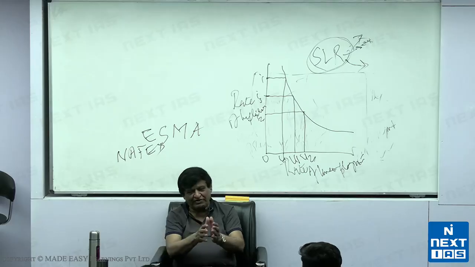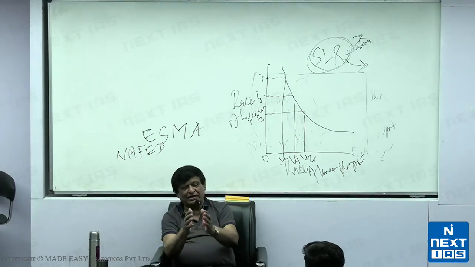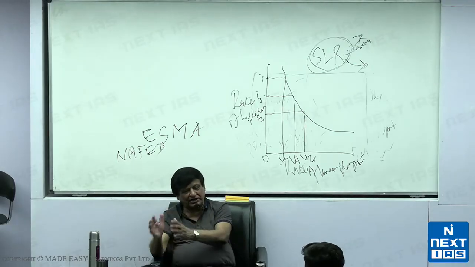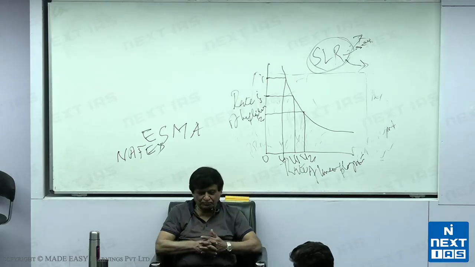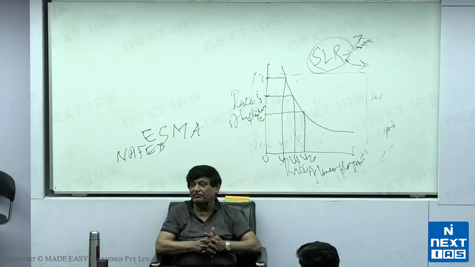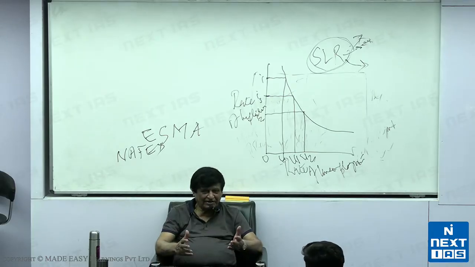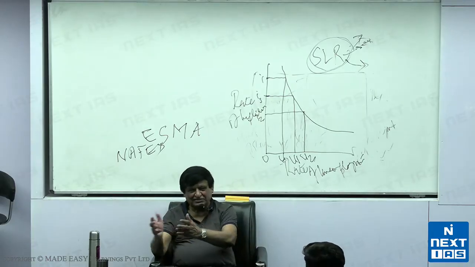Once you revive demand, automatically production follows because commodities are demanded. Ultimately we always say, consumption is the be-all and end-all of all economic activity. It's a fact. Everything ends at consumption.